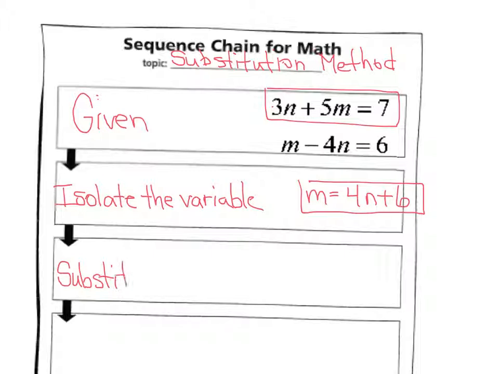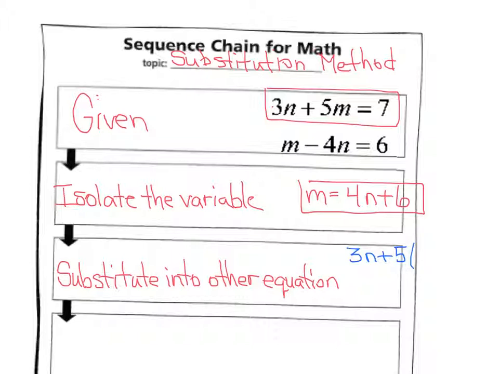And this is why we call it the substitution method. So I am going to replace m with 4n plus 6. So 3n plus 5 times a quantity of 4n plus 6 is equal to 7.